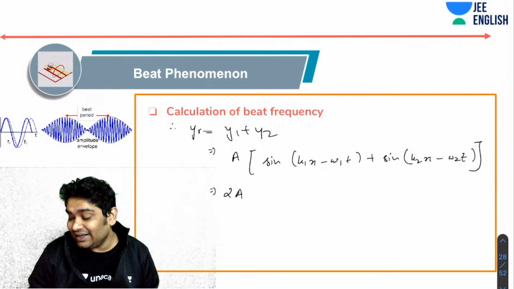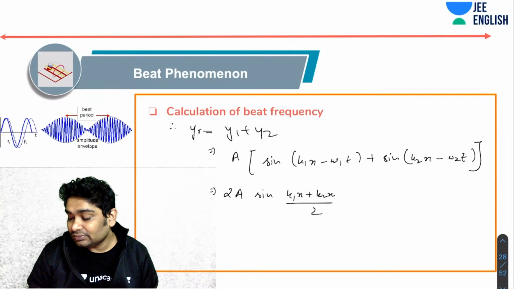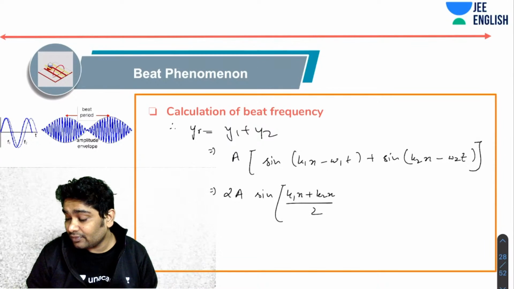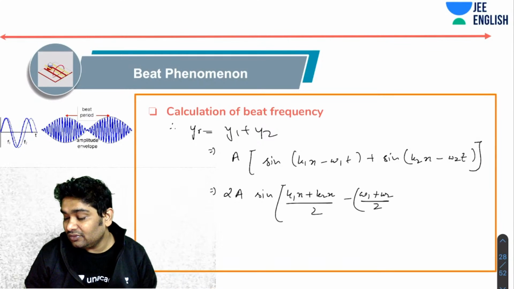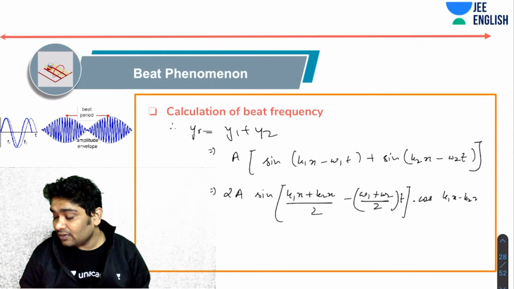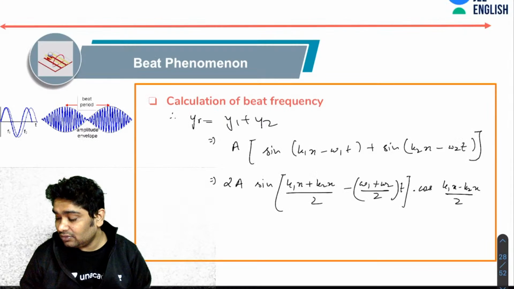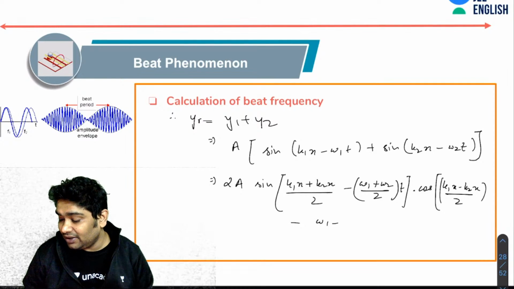So this becomes 2A times sine of ((k1x plus k2x) by 2 minus (omega 1 plus omega 2) by 2 t) into cos of ((k1x minus k2x) by 2 minus (omega 1 minus omega 2) by 2 t).